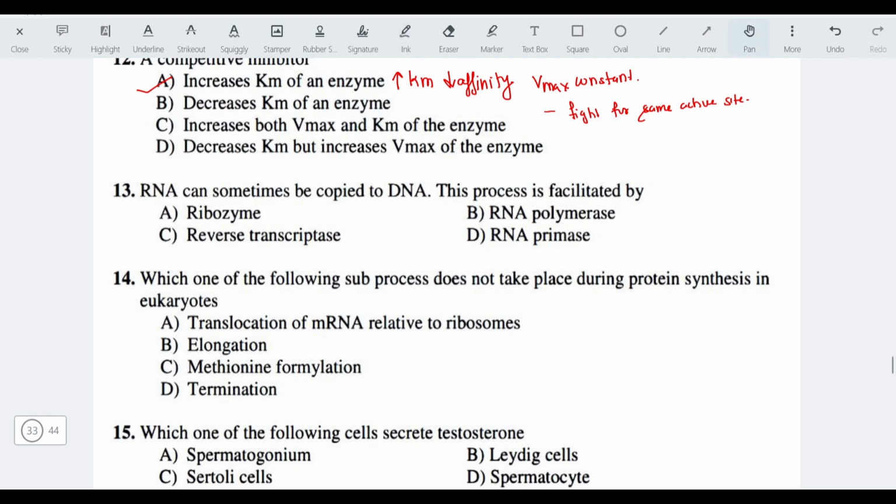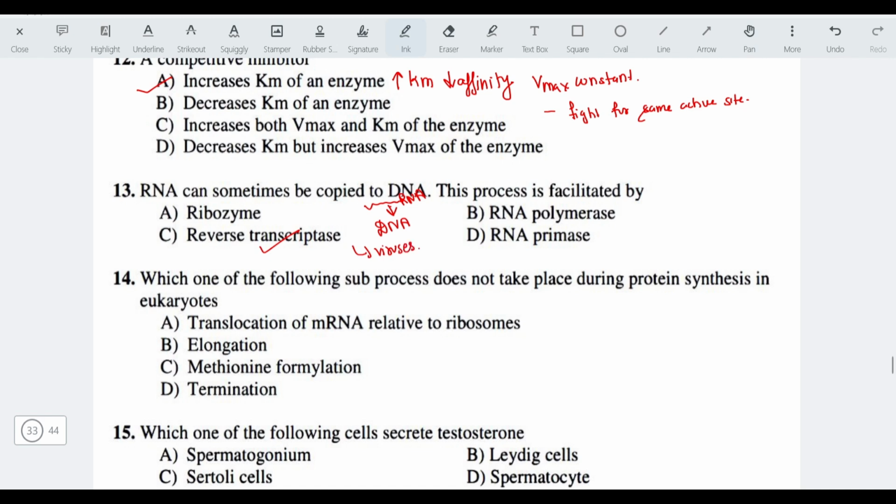Next question. RNA can sometimes be copied to DNA. This process is facilitated by, the answer is reverse transcriptase, right? Where DNA is synthesized from what? mRNA, right? So this is reverse transcription, and it is seen in viruses, retroviruses, right?